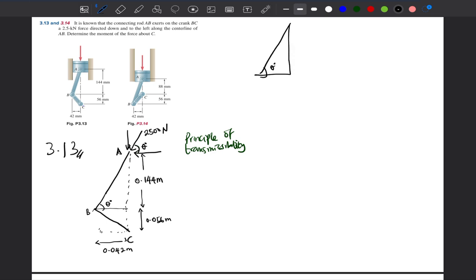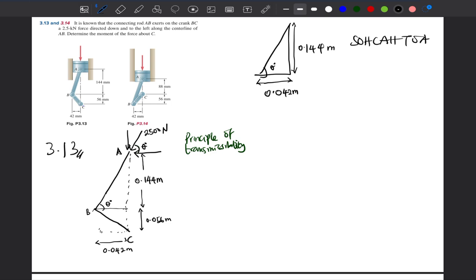Theta, then here 0.144 meter, here 0.042 meter. So we are going to use our SOH CAH TOA rule.